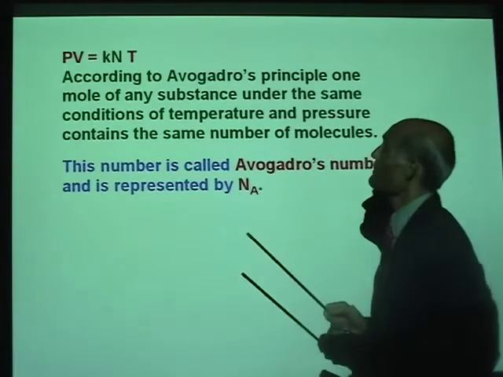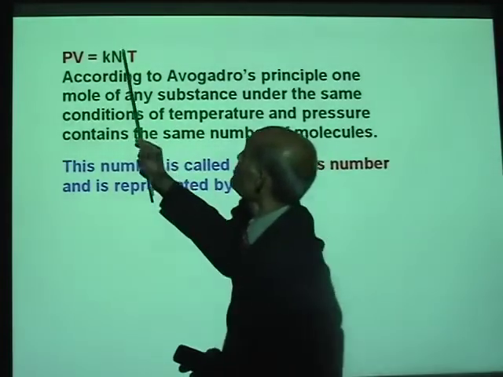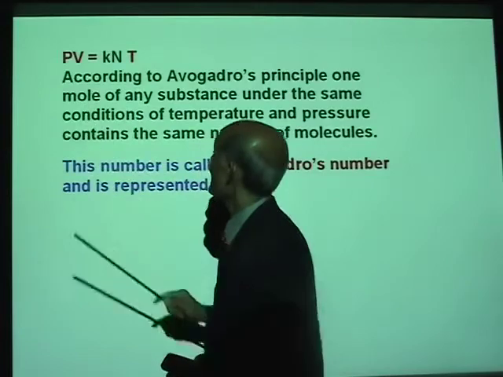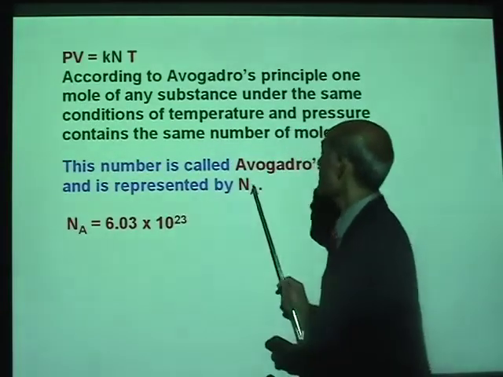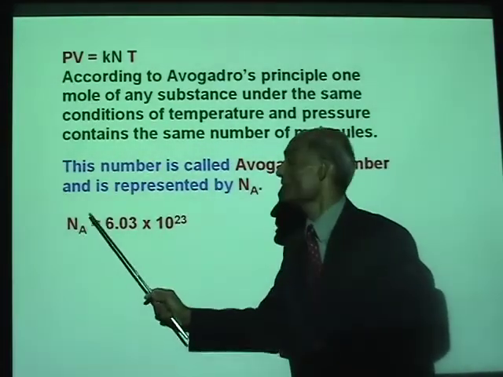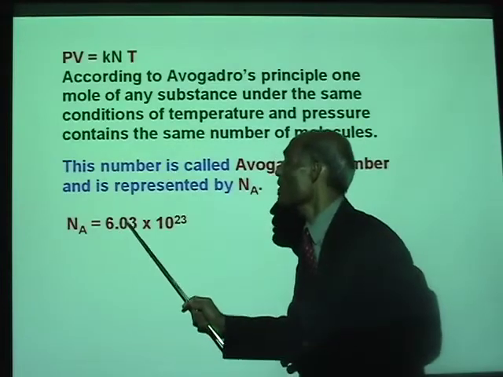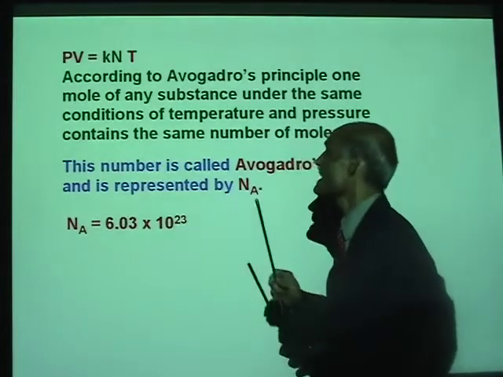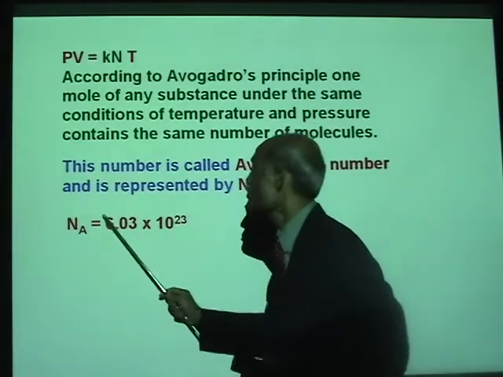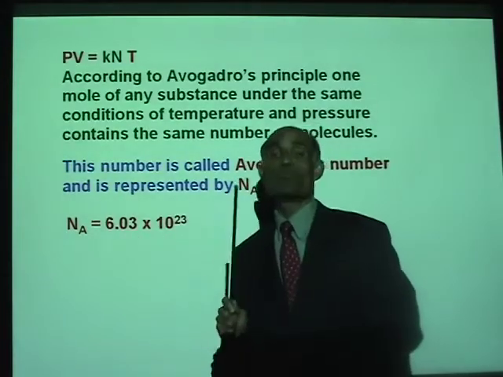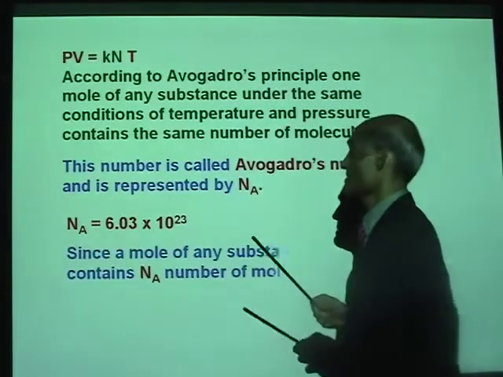It's called Na. Therefore, this total number of molecules N can be written as, let me give you the value of Na. The Avogadro number is 6.03 times 10 to the 23. There are so many molecules in 1 mole of any substance.